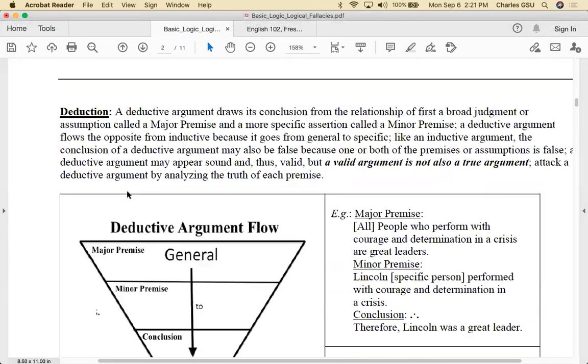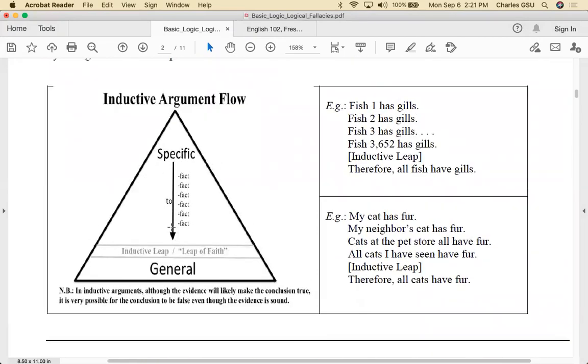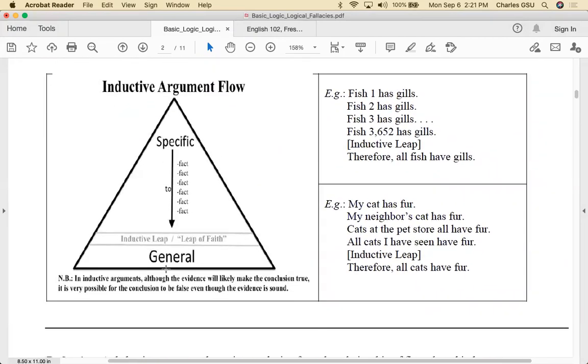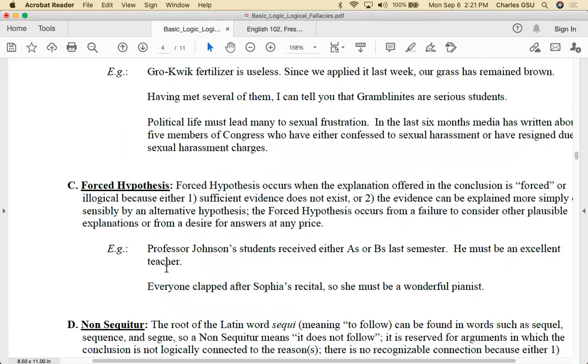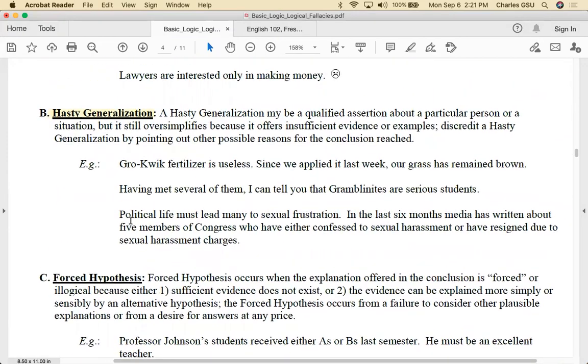Remember, an inductive argument is fact, fact, fact, fact, fact, therefore conclusion. What's happening here is there are too few facts, so it still oversimplifies because it offers insufficient evidence or examples. It's too quick, or too hasty, to draw the conclusion based on so few facts.